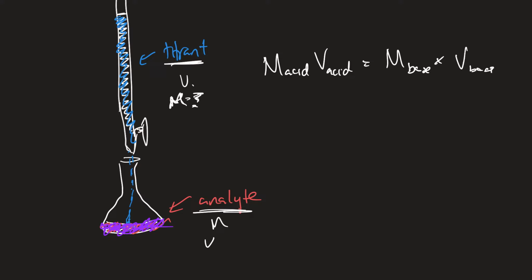Now, this only works where you're dealing with two monoprotic substances. If the acid is monoprotic and the base is monoprotic, or if you're dealing with two diprotic or two triprotic substances, where the number of hydrogens is the same, then we can use this equation.